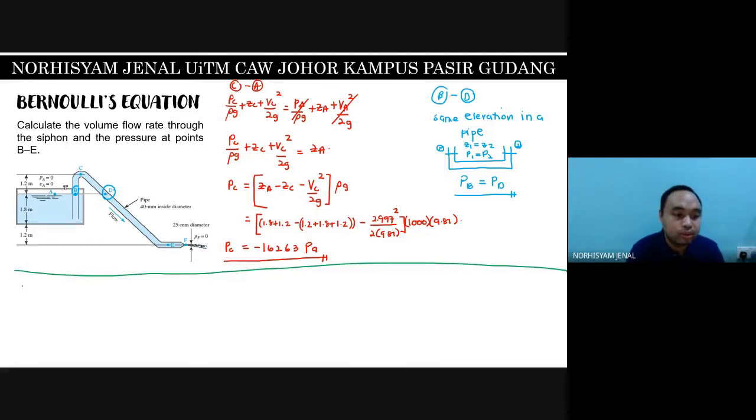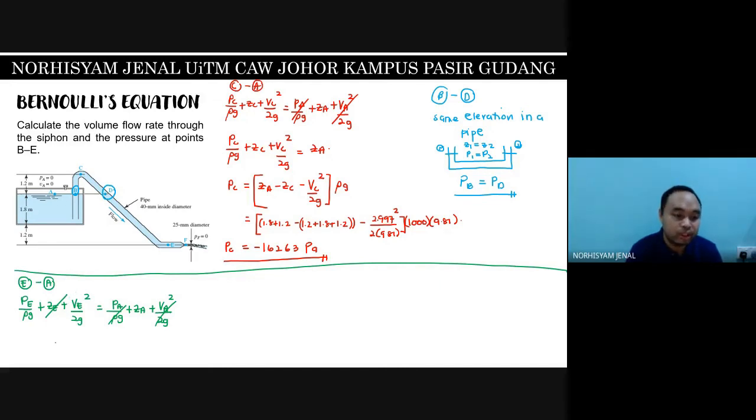Okay, so lastly, we do between point E and point A. So we will get PE over rho G plus ZE plus VE square over 2G equals PA over rho G plus ZA plus VA square over 2G. So these two can be cancelled out, and then E should be at the bottom, so ZE should equal 0.